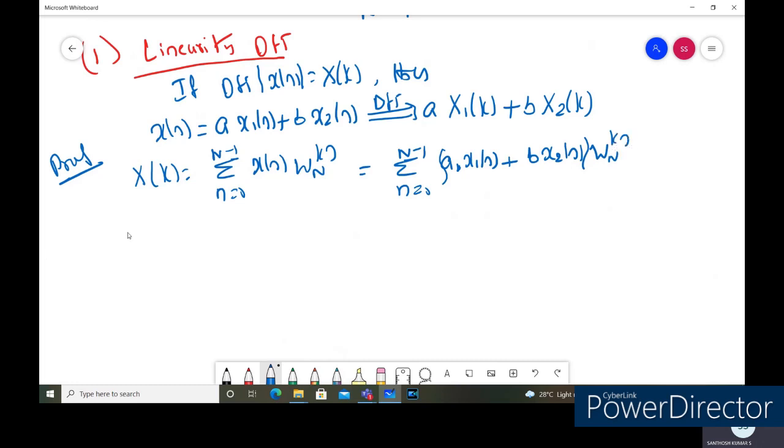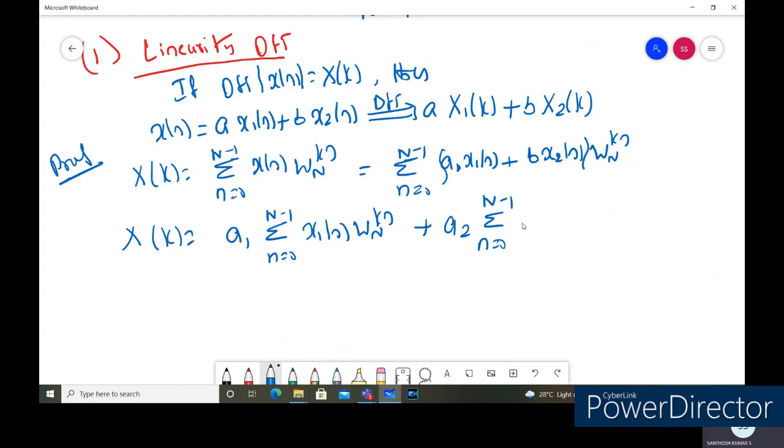Let us expand the summation. So x of k is equal to a, which is a constant, taken outside the summation from n equal to 0 to n minus 1 of x1 of n into omega n to the power of k n, plus b times the summation n equal to 0 to n minus 1 of x2 of n into omega n to the power of k n.